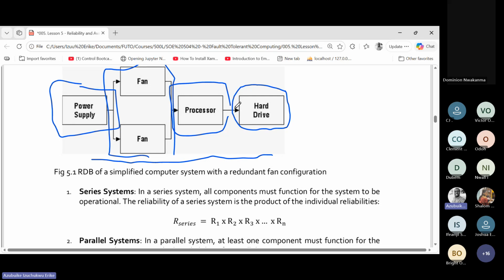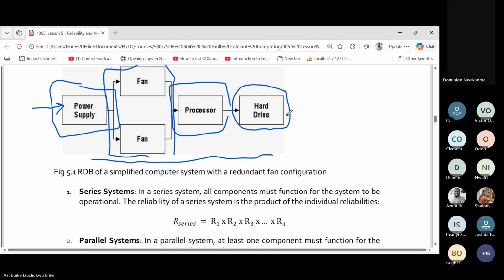Now, if this system gets destroyed, we will start with the power supply in troubleshooting to know what actually happened to it. Because the moment we discover that the problem is in the power supply, we are going to be able to reactivate all the other ones.